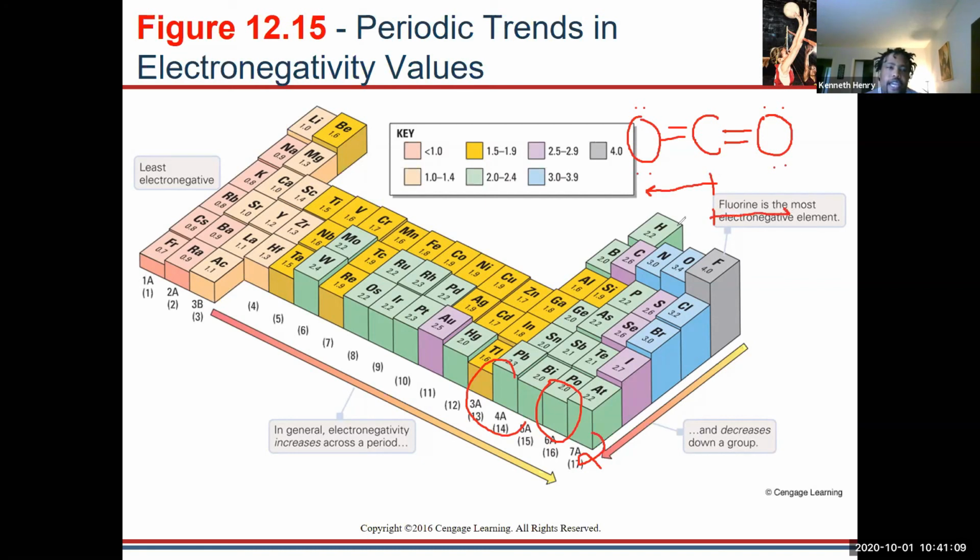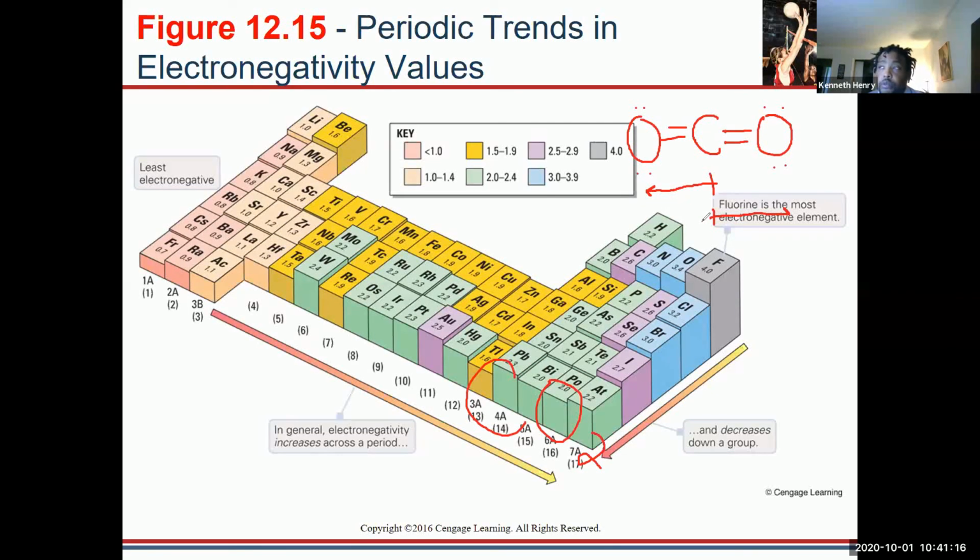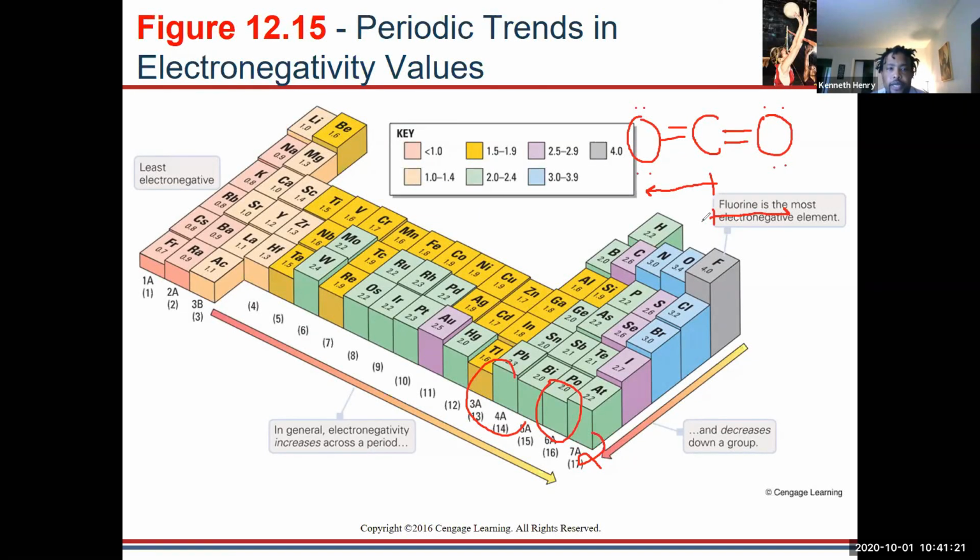If we added these two together, this gives me the dipole moment of the entire molecule. The dipole moment of the entire molecule would be 0, because there would be no net charge, because you're pulling evenly on both sides. So you're not favoring one side or the other. So this molecule, as a molecule, would be considered nonpolar. But the bond between oxygen and carbon would be considered polar.